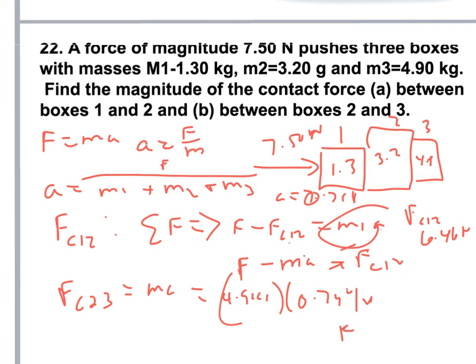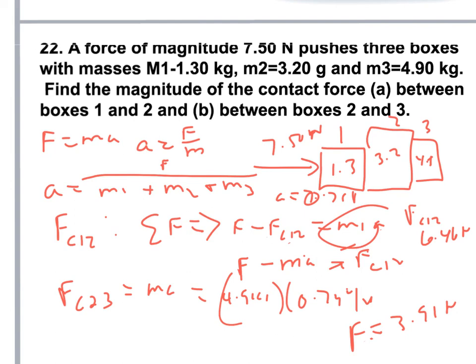So when we calculate that, our answer is a force of 3.91 newtons.